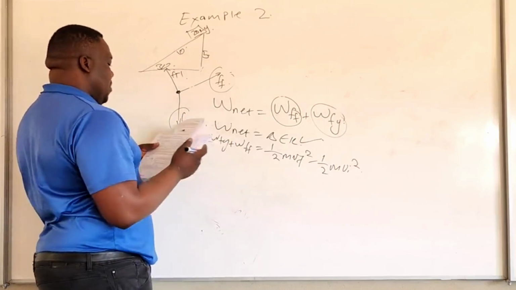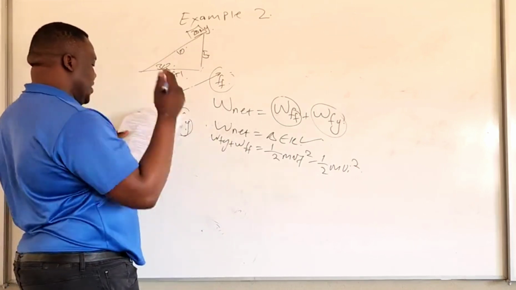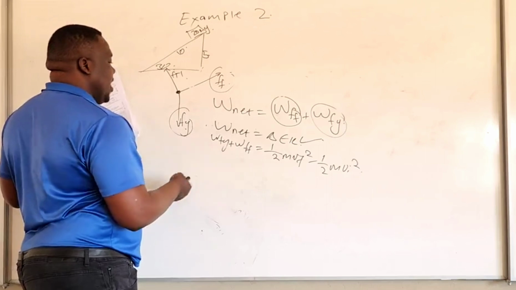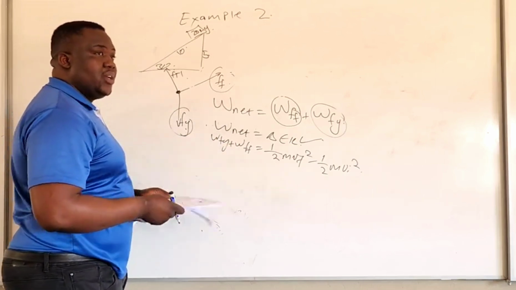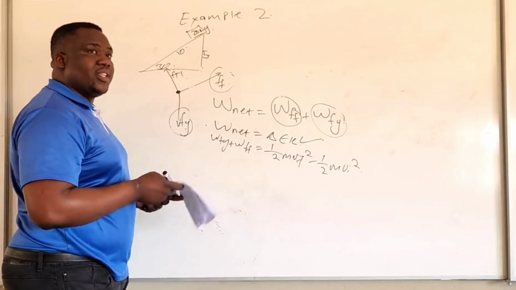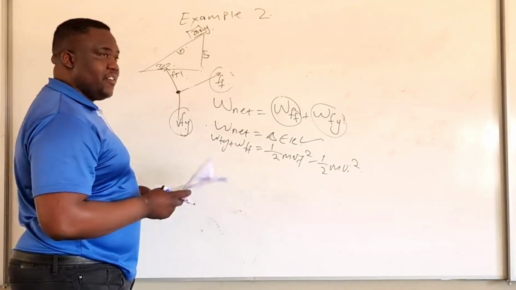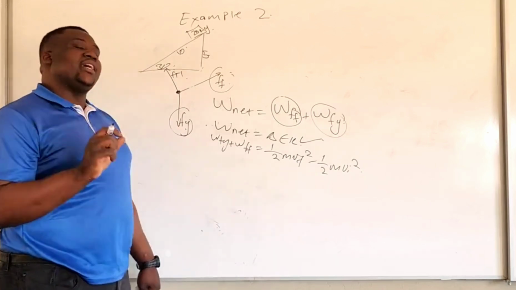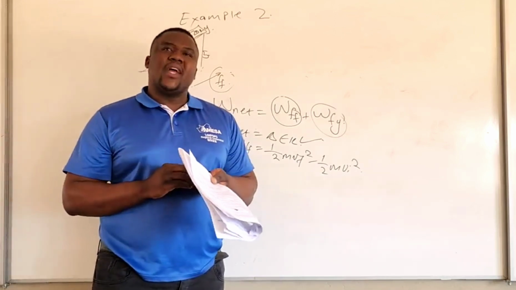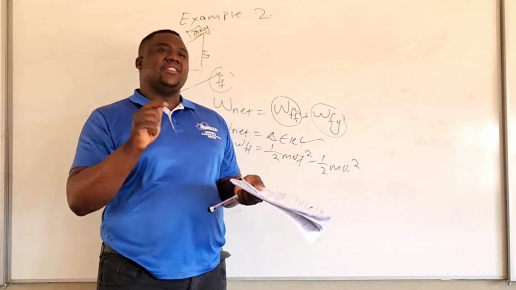Then the work done by gravitational force for that object was given the height. We can use any method that we want. Check lesson number 1. Lesson number 2, if you want to understand the work done by gravitational force, if you want to know in detail how to calculate it, because I dedicated lesson 2 to teaching the work done by the gravitational force only.